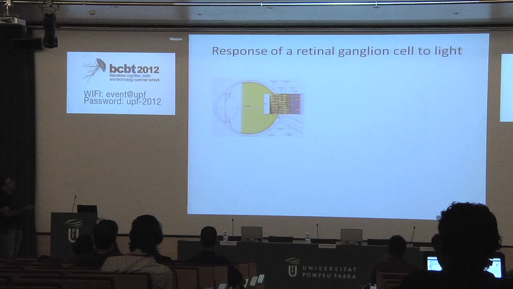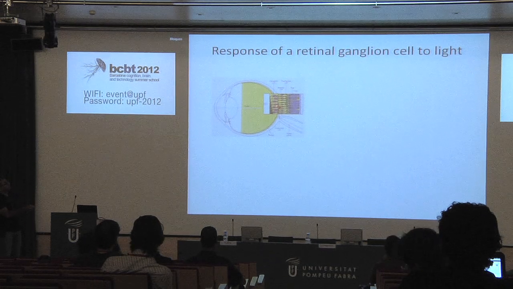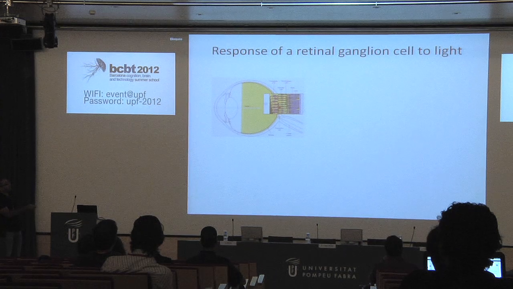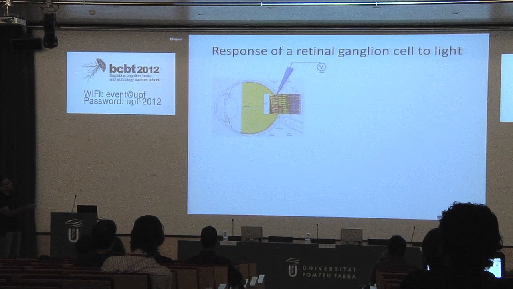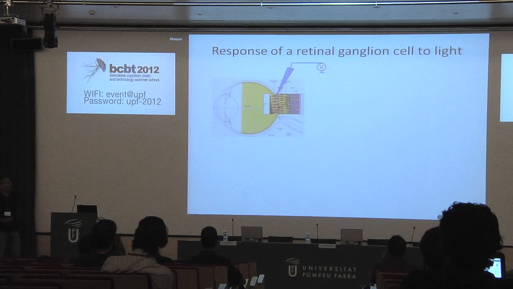And photoreceptors convert the light into electrical signals that they pass on to the bipolar cells, which in turn pass it on to the ganglion cells that project to the rest of the brain. And what Koffler did, he learned how to electrically record from the ganglion cells, thereby eavesdropping on the communication between the retina and the rest of the brain. And here's what he saw.